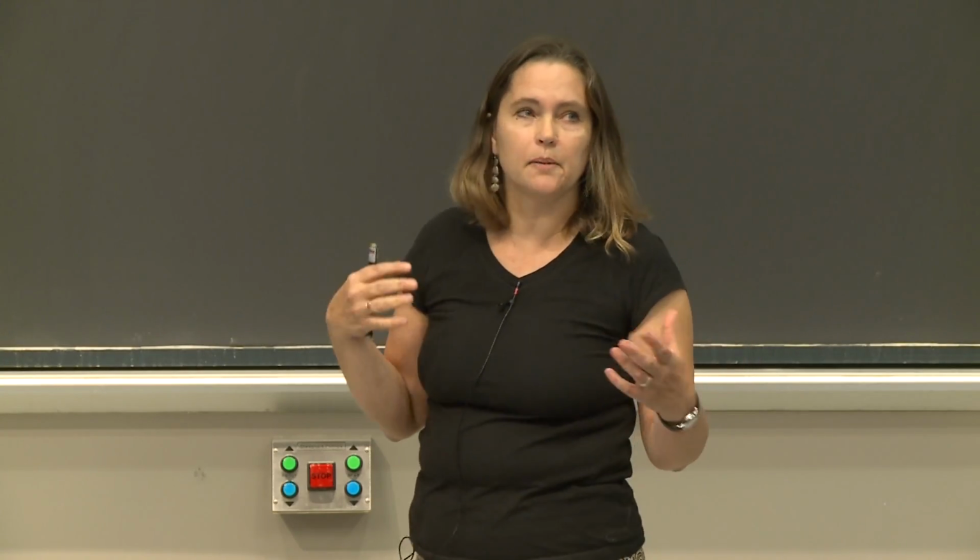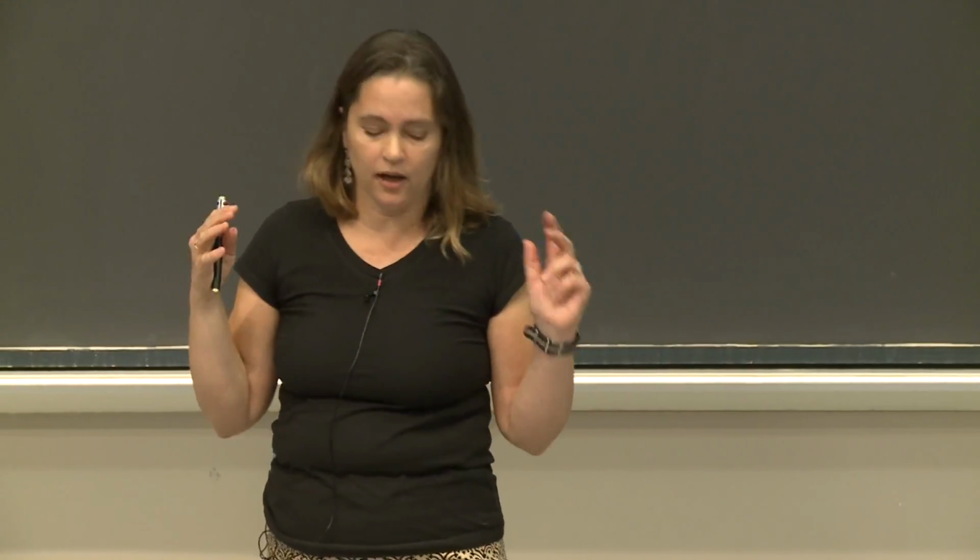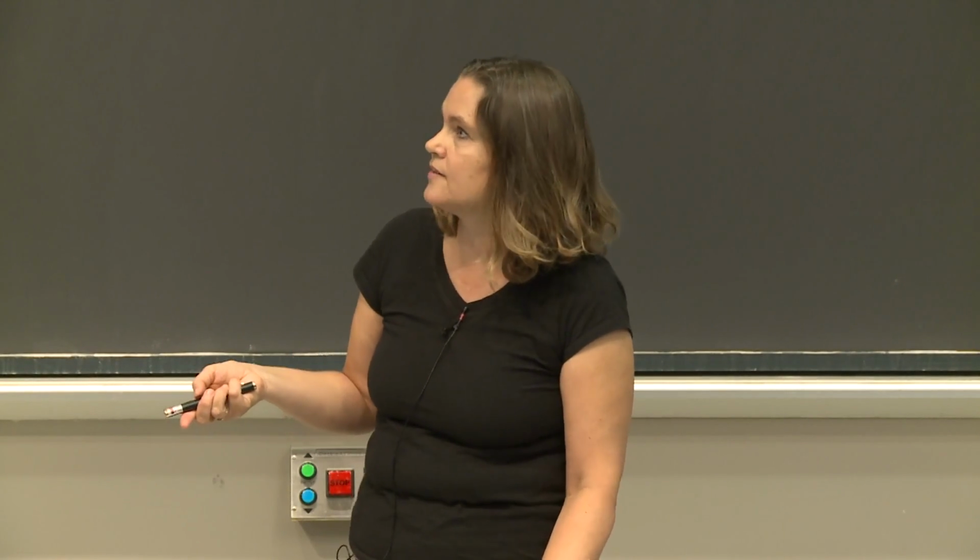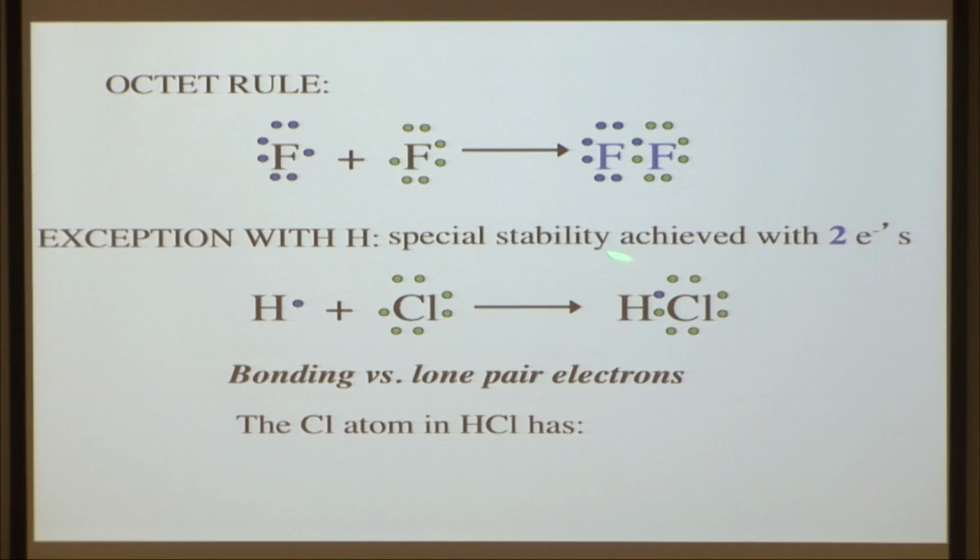When we're talking about Lewis structures, we're talking about different kinds of electrons. We are talking about bonding electrons, the electrons that are involved in the bond, and also lone pair electrons. So chlorine in HCl is going to have 2 bonding electrons. One was its own, and one came from hydrogen.